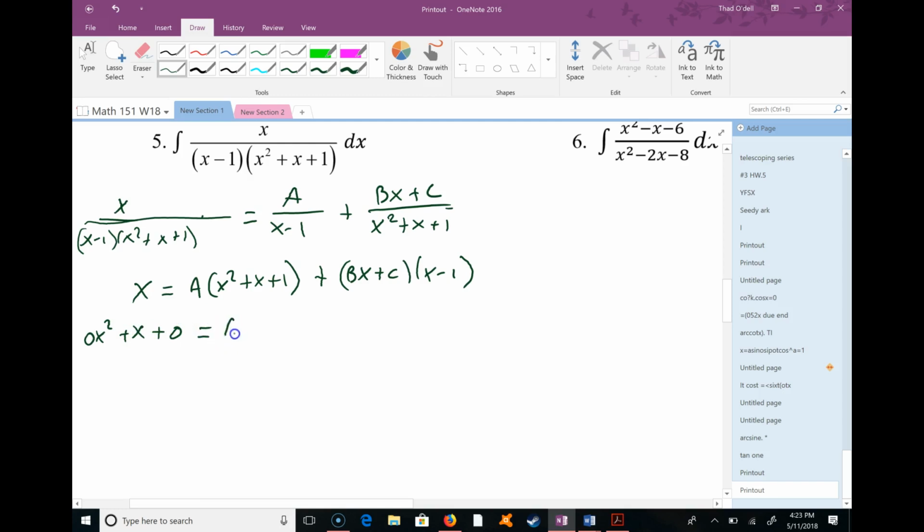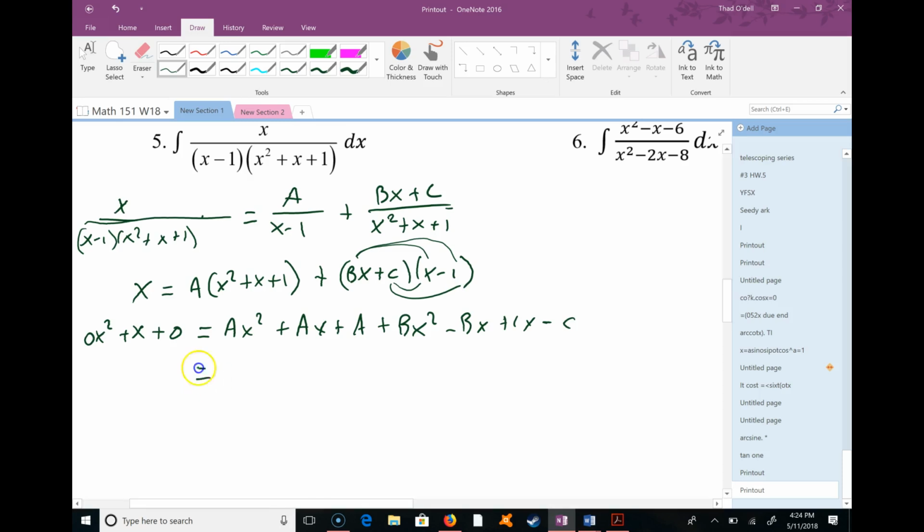And over here I'm going to have Ax squared plus Ax plus A plus Bx squared, because of this times this, minus Bx, because of this times this, plus Cx, because of this times this, minus C, because of that.